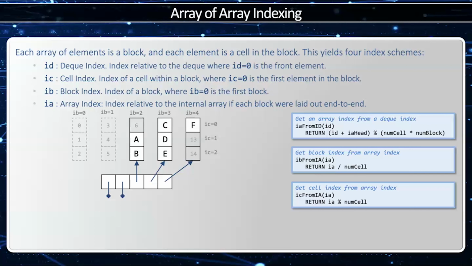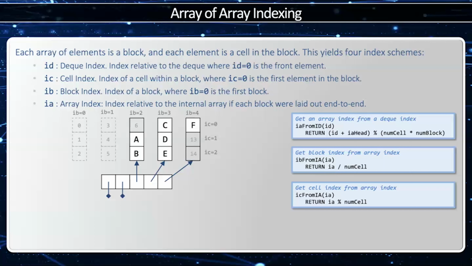Now, this is very similar to my wrapping array computation. The difference is I'm not done yet. I need to find my block index and my cell index. And my block index is going to be IA divided by num cells using integer division. And my cell index is IA mod num cells using modulus.